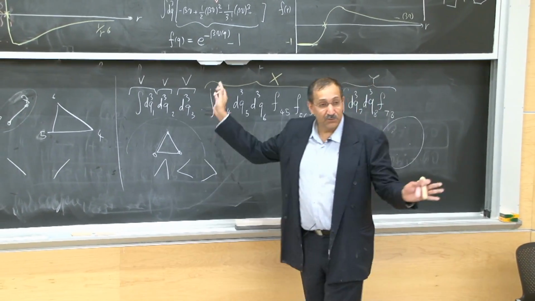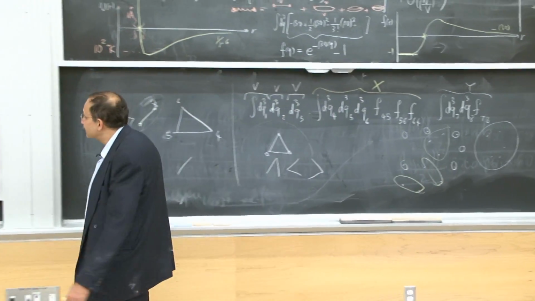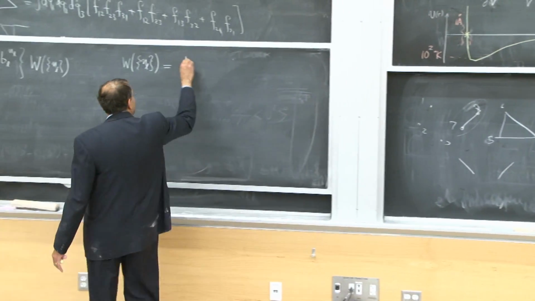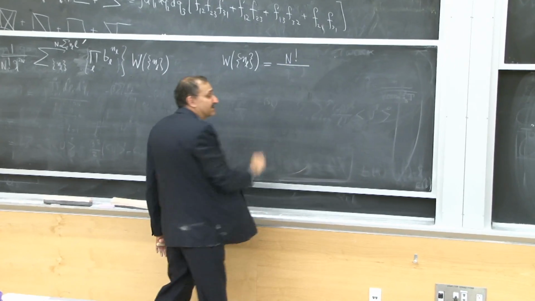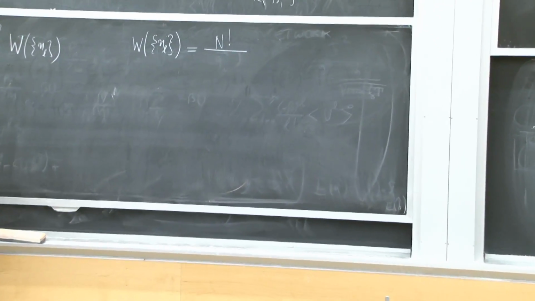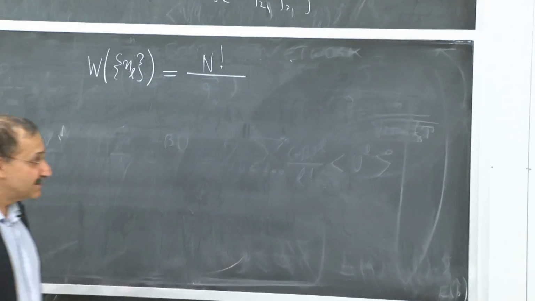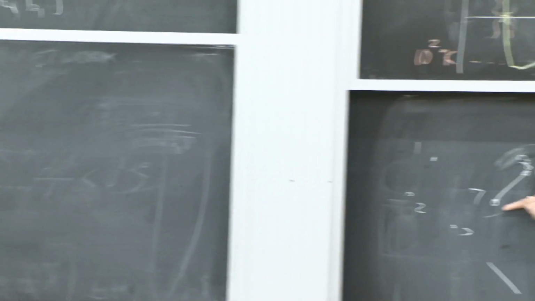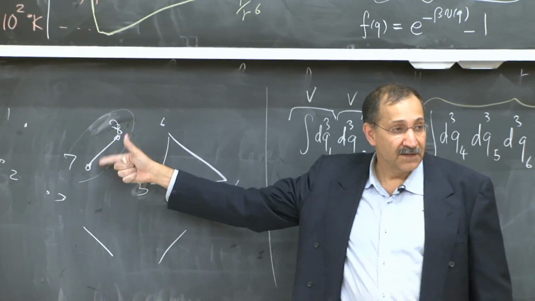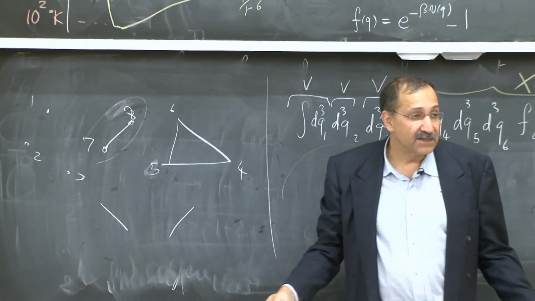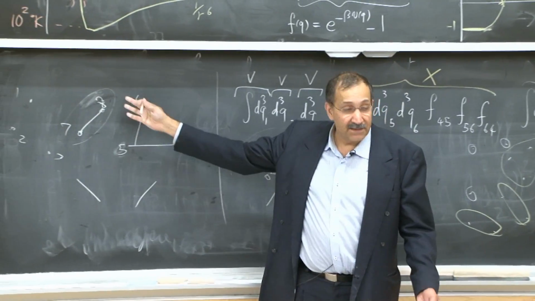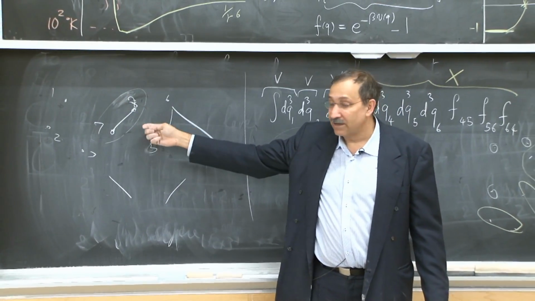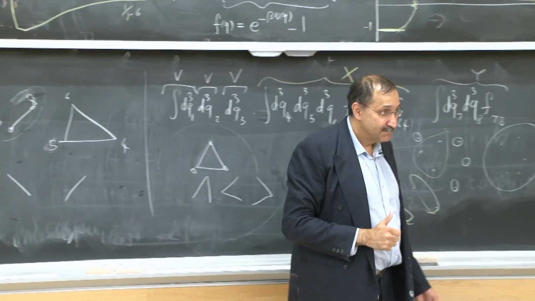So I will permute those numbers in all possible ways, and I will get the same thing. That will give me n factorial, the number of permutations. But then I have overcounted things, because within, let's say, a 2 cluster, if I count 7, 8 and 8, 7, they are the same thing. And by multiplying by this n factorial, I have overcounted that.